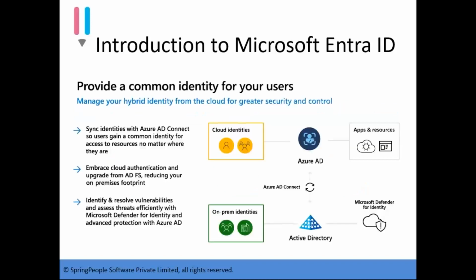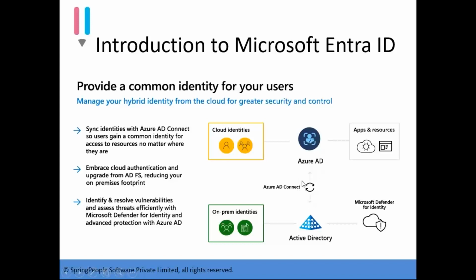So this is what I've covered in the earlier lessons, how the cloud entities and on-prem entities can be handled. So here you can see the Azure AD connector. This is an additional component which you can use. If you already have an Active Directory and you want to sync between these two, you can do that using Azure AD connector.